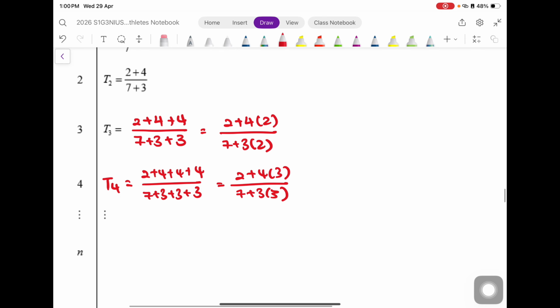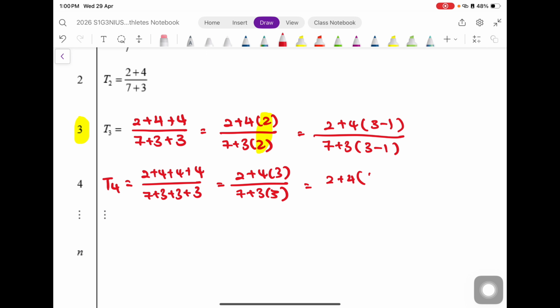Previously we already discovered that these numbers are related such that the term number 3 minus 1 will get me the 2. Similarly, for term 4, it is the term number of 4 minus 1, and the denominator as well, term of 4 minus 1, that will get me my 3's.